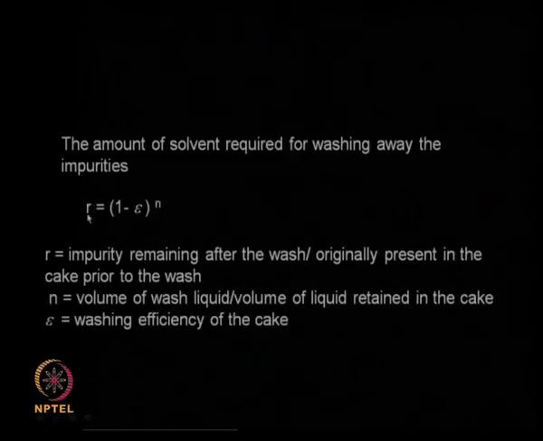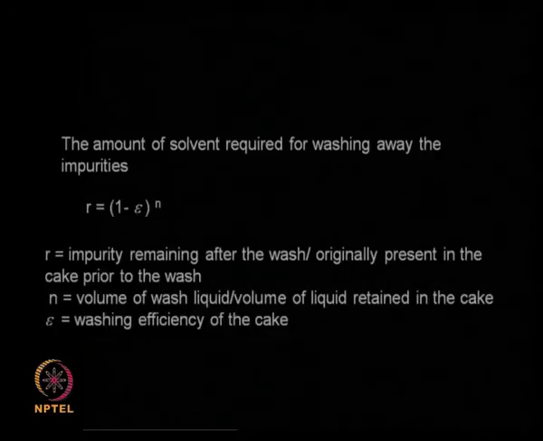So if I know this term R, I can calculate N assuming epsilon to be around 70%. If I know N, I can calculate R. This is an empirical relationship, not calculated based on fundamental principles, but based more on experience.